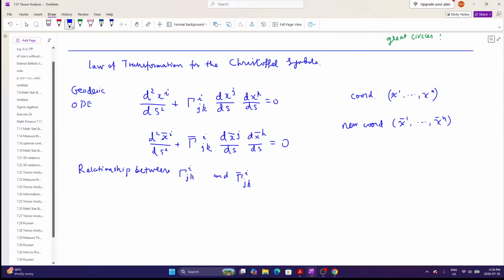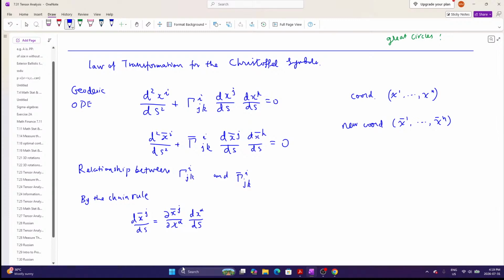Well, let's just use the chain rule, shall we? By the chain rule, dx bar j over ds is the partial derivative dx bar j over dx alpha unbarred, and then the ordinary derivative dx alpha over ds.